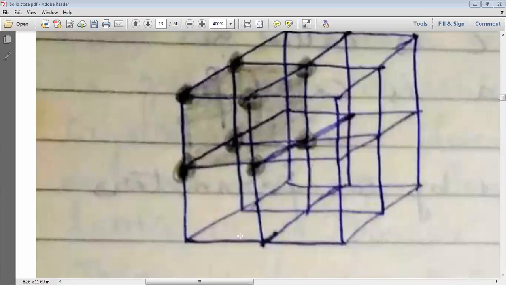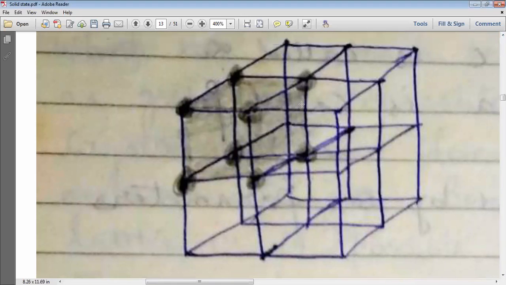So you can see, my dear students, that here you have the various points, and these points represent the particles. These points are arranged in one particular manner, a very ordered arrangement. When we join these particles with lines, you can see these blue lines, and these lines make the particles be joined in a proper manner.